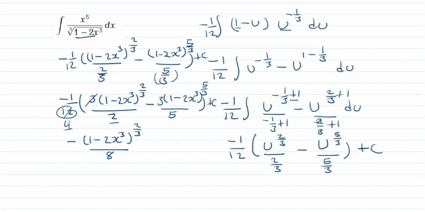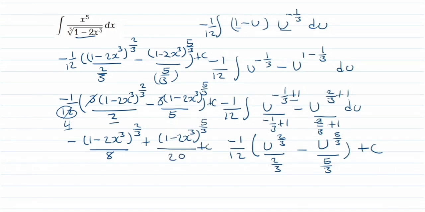Then this negative and this negative here is going to be positive, so we have plus, this 3 and this 12, we're going to have a 4. 4 times 2, 4 times 5. We're going to have 1 minus 2x to the power 3, to the power 5 over 3, then everything over 20 plus c.